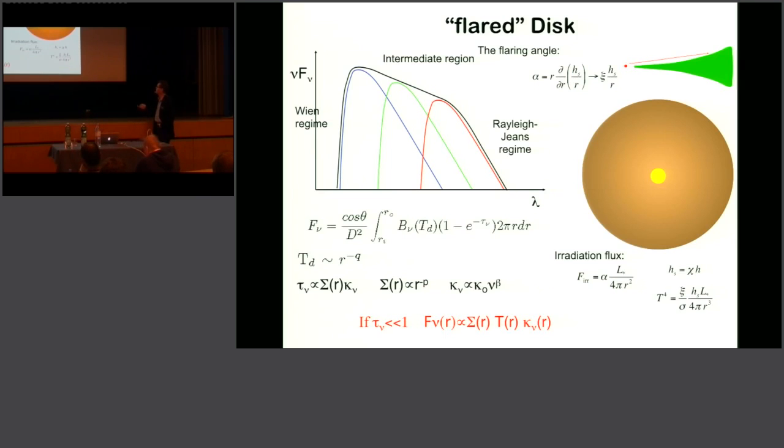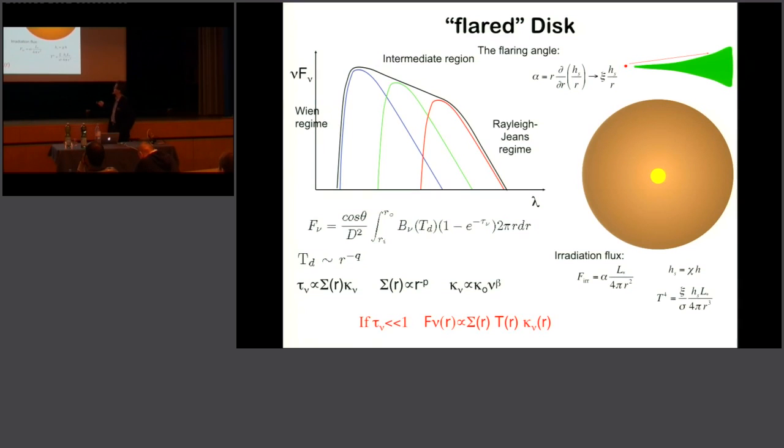Okay, so if you have the same dust throughout the entire disk, the dust opacity does not depend on the radius, and the flux that you are observing is essentially proportional to the mass and the temperature. If you have an isothermal amount of dust, and you are optically thin, the emission just depends on the total amount of mass, the temperature, and the dust opacity, obviously. Okay.